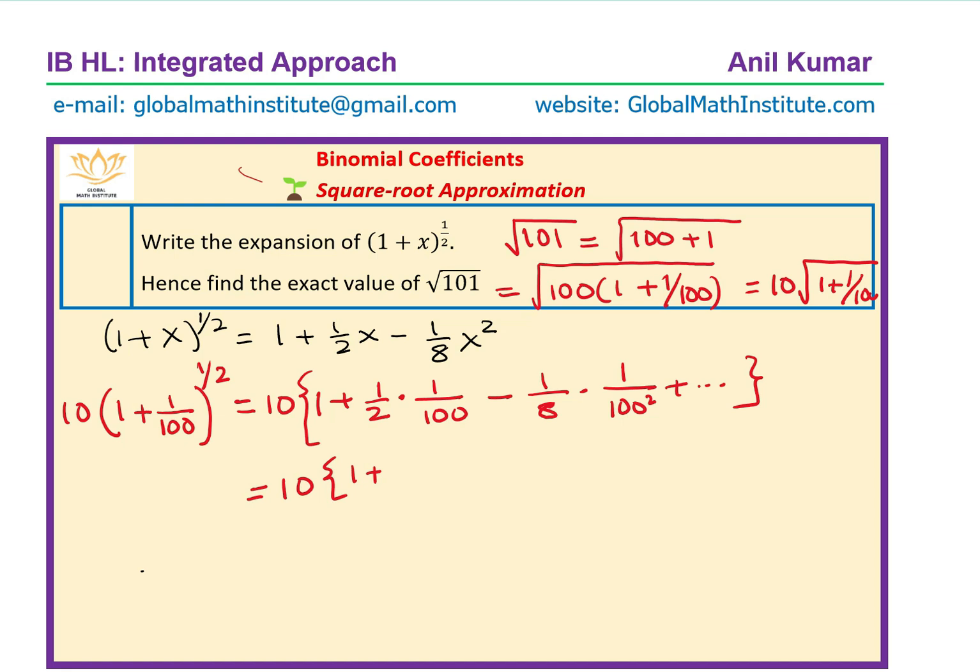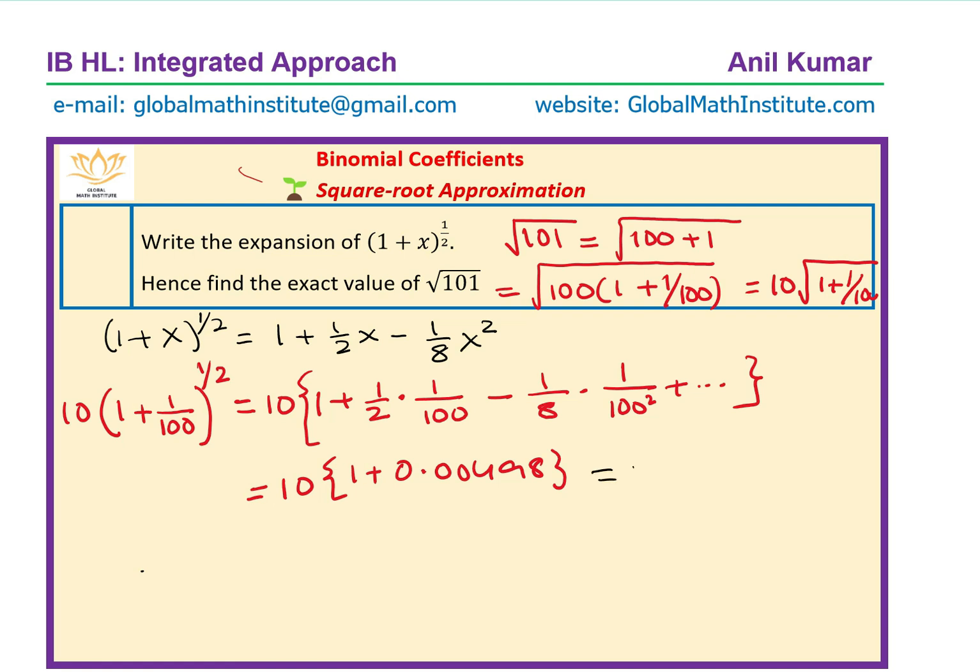Correct? So that is to be added to 1, plus 1. So that gives you 1.005, so I already added this. Let me write this as 0.00498.